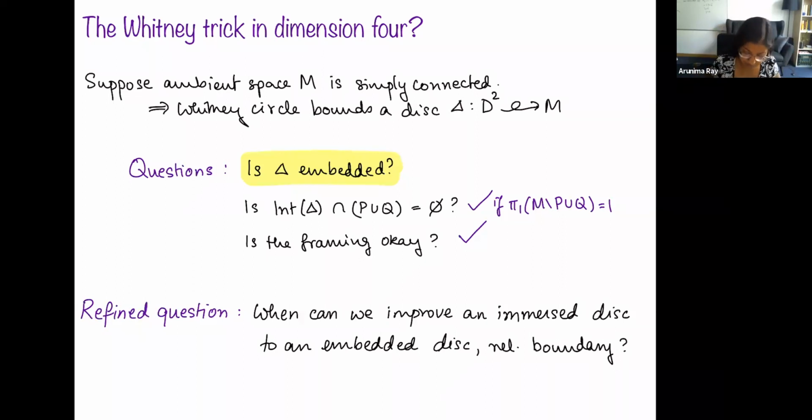And of course, all of this should be asked relative to the boundary. Specifically, I have some Whitney circle in my mind and I don't want to mess with that. So whatever I'm doing, I should be fixing the boundary, and then everything else is in play, but the boundary doesn't get to change. Okay, so here's our question: when can we replace an immersed disk by an embedded disk?